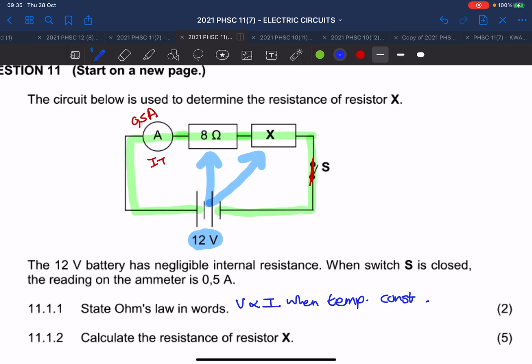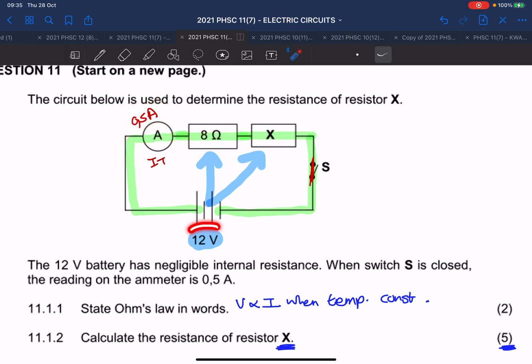Right, then calculate the resistance of resistor X. Now you can see it counts 5 marks. 5 marks tells you it's either a small calculation and a bit bigger one, or 2 medium calculations, or 3 small calculations. It means you have to work. So they ask to calculate the resistance of resistor X. Now if we look at X, I just know that the total current passes through there, and that is 0.5.